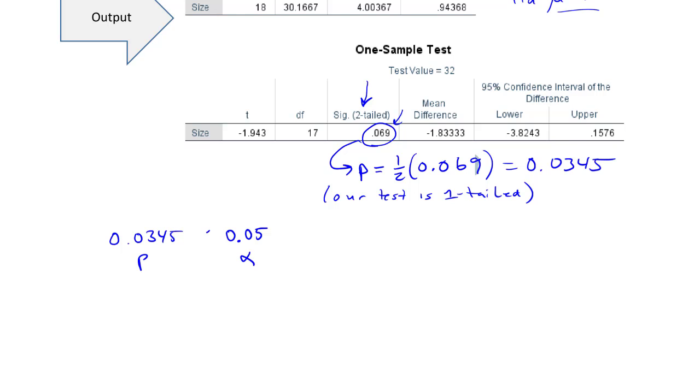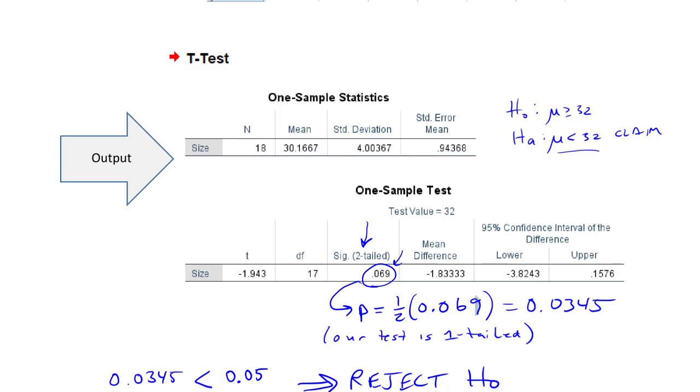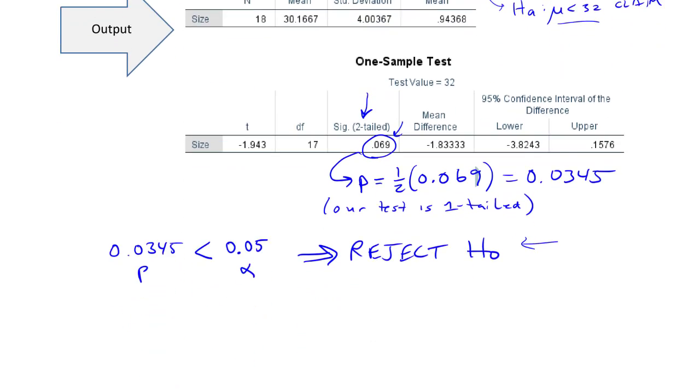This p-value is less than that alpha, which always means we reject H0. Remember, this is a support mode situation. We did have the evidence to reject H0. So as far as the claim is concerned, we are able to take ourselves to the alternative.